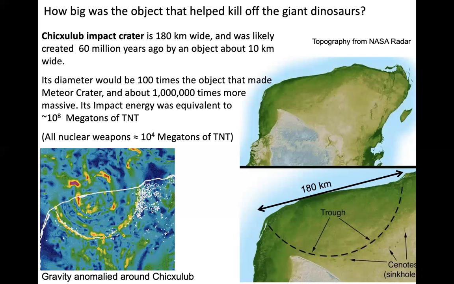To put that in perspective, all nuclear weapons currently available on the planet Earth that we know about are 10,000 times less than that. This would be bad if it happened to us.